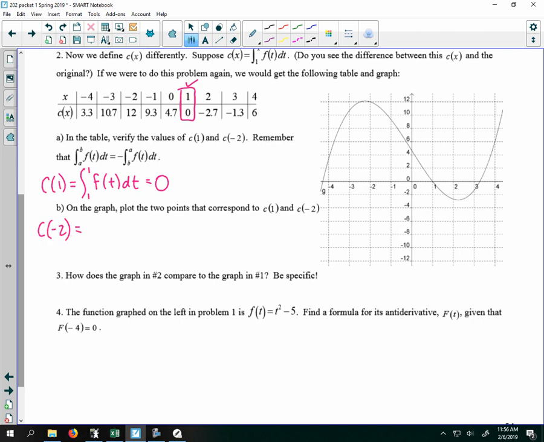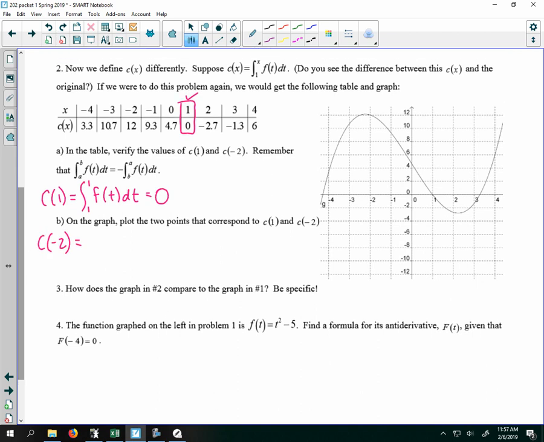And then I want to evaluate C of -2. My definition for C of x is the integral from 1 to x, so -2 in this case, of f of t dt. This looks a little weird because the smaller bound is typically on the bottom.